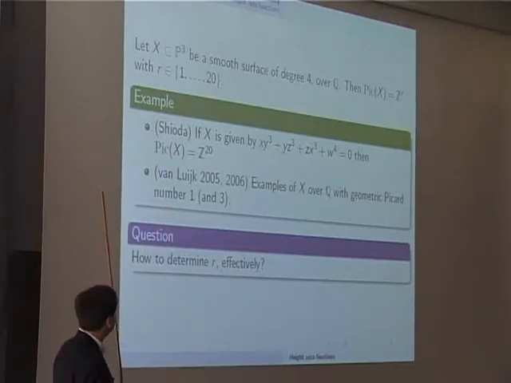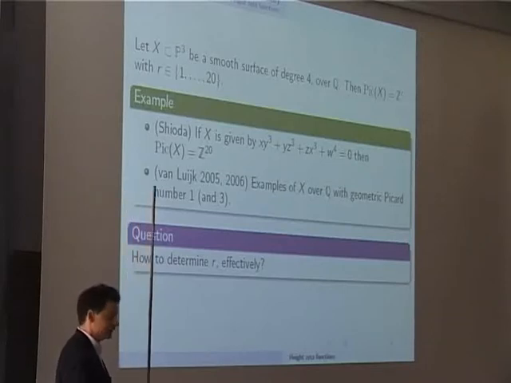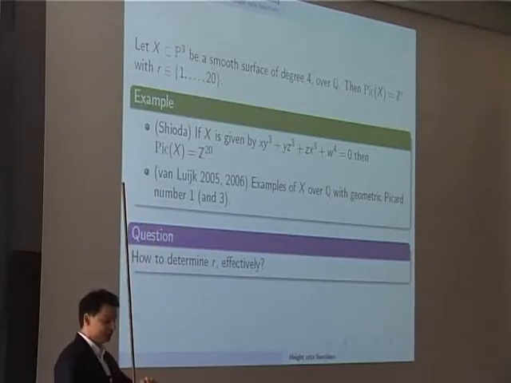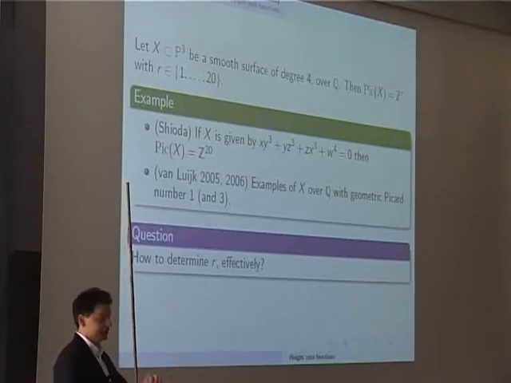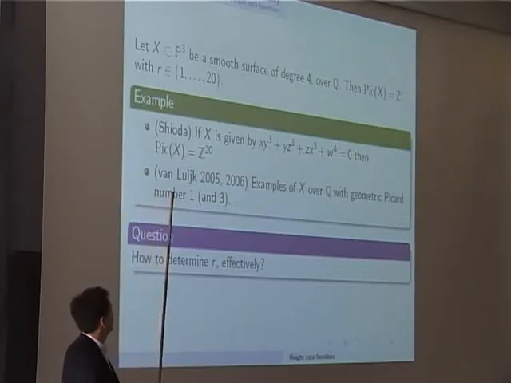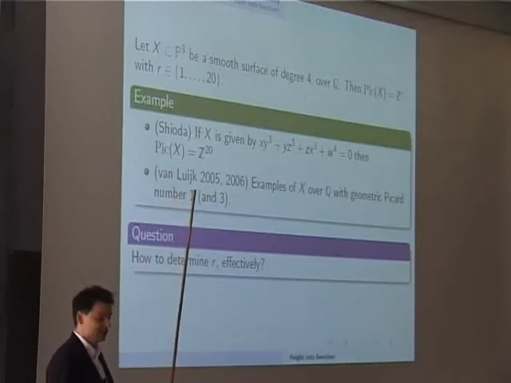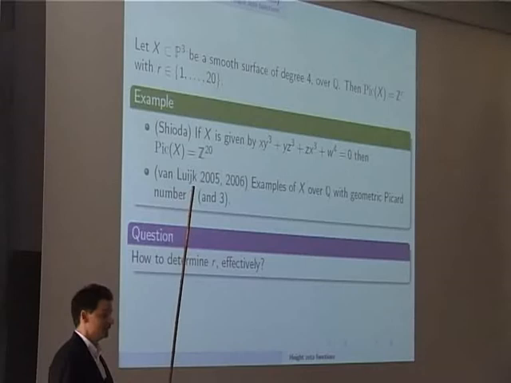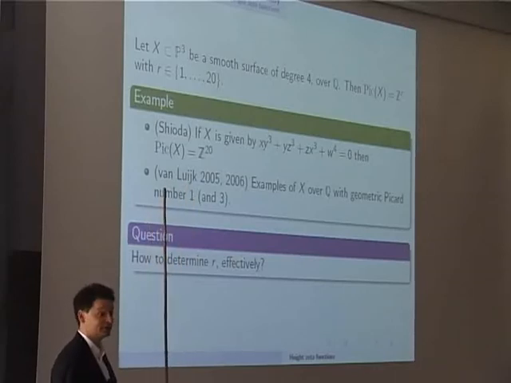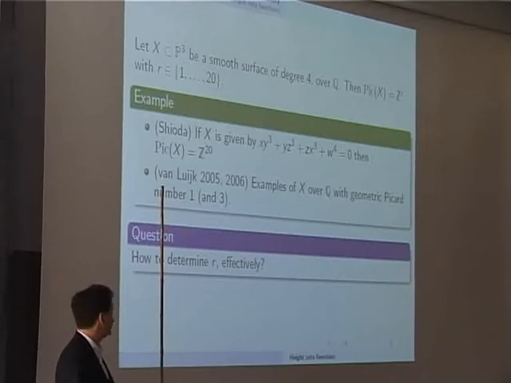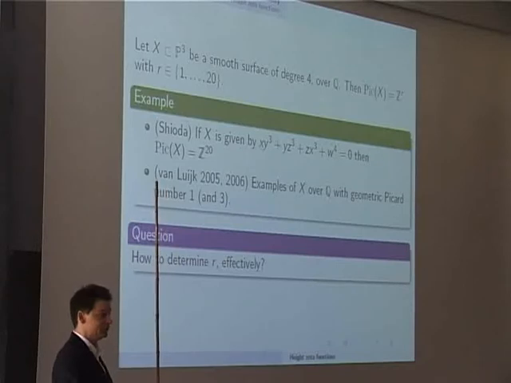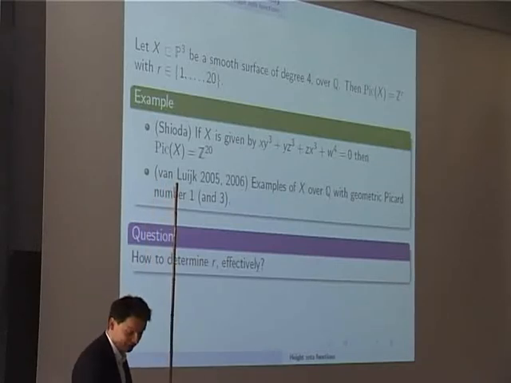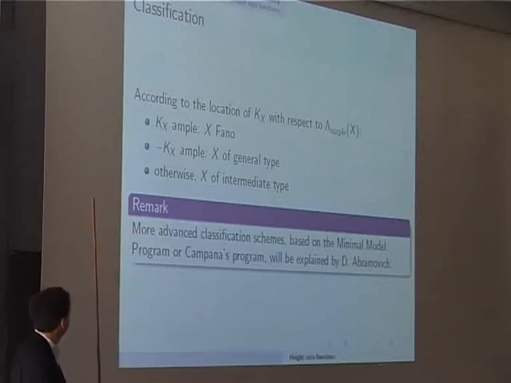Now, how to determine R effectively? That's quite tricky, and it is known that if you have a family, then the rank jumps rather wildly, uncontrollably, and the jump of the rank has to do with the occurrence of additional curve classes, if you like, so curves and rational curves that suddenly appear on your hypersurface of degree 4, and you don't know in which degrees they can appear, so the degrees can jump, and so this question is so interesting geometrically and also arithmetically.